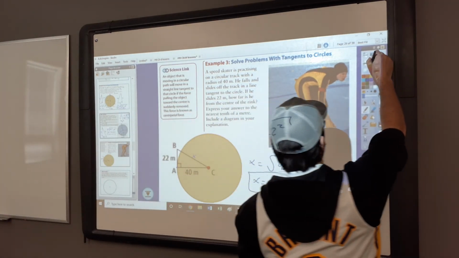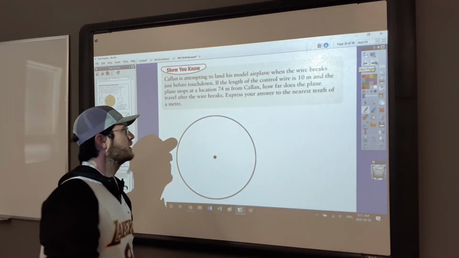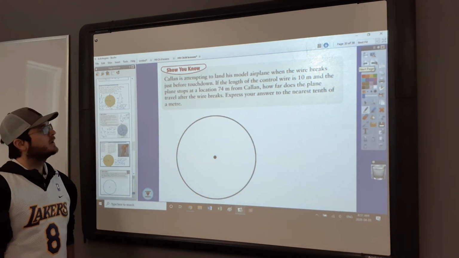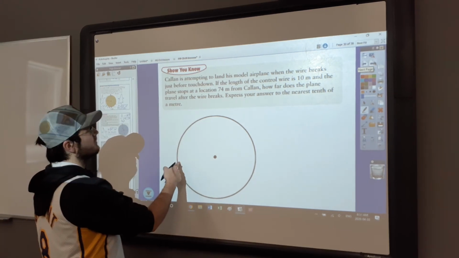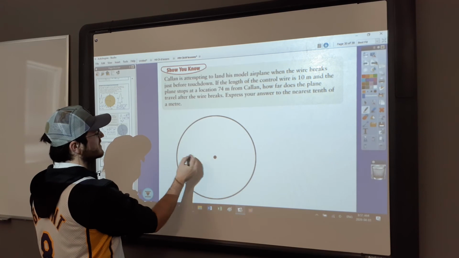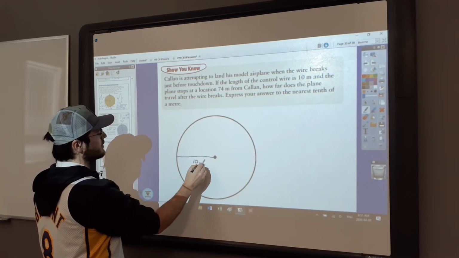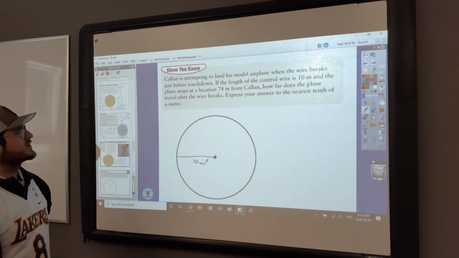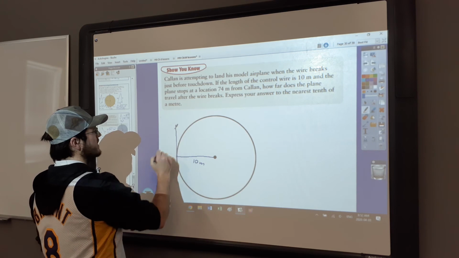Alright, for some problem solving questions you may have to actually draw out the situation, like this example here. Callan is attempting to land his model airplane when the wire breaks just before touchdown. The length of the control wire is 10 meters, so we know that this is 10, a similar situation, and the plane stops at a location 74, so obviously when it stops it's going to shoot out this way.